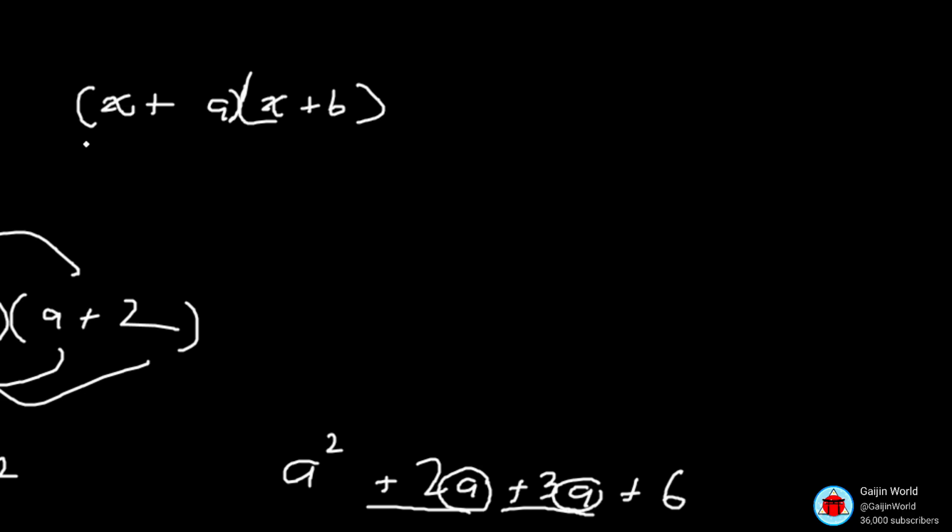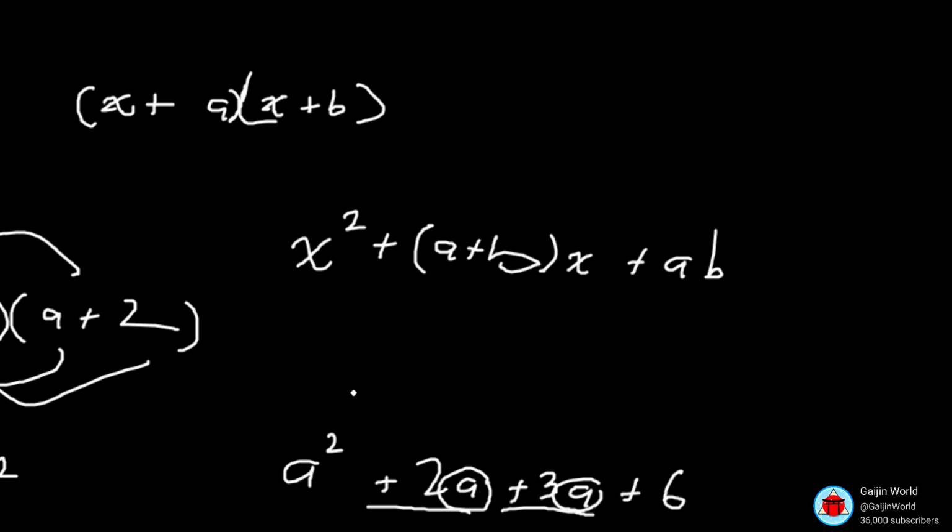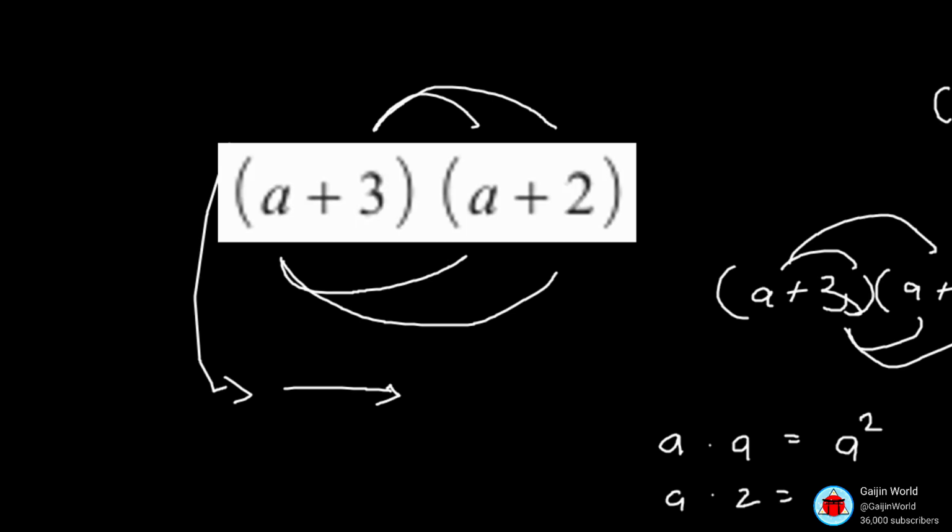So the formula for this would look like x squared plus (a plus b)x plus ab. So just replace the a's and b's with the numbers you find here.